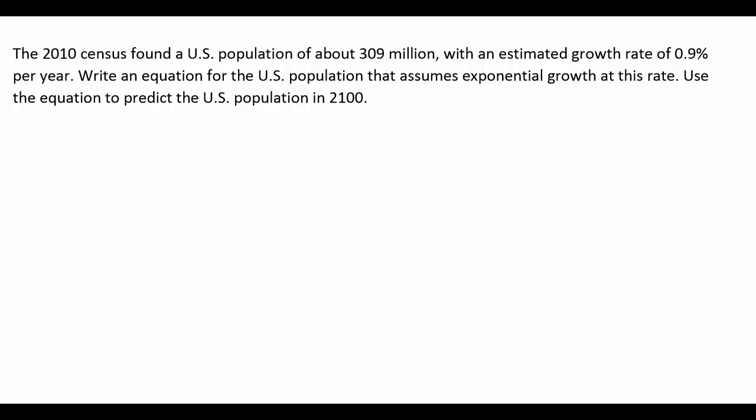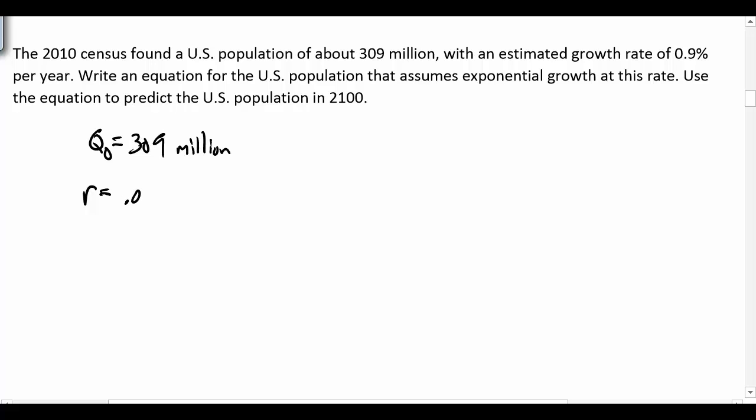Okay, so let's start with what do we know? I know that the starting population, we're defining the starting population to be 2010, was 309 million. So I'm just going to use 309 and just remember that this is in terms of millions, so I don't have to keep all those zeros handy. And then I need a growth rate.